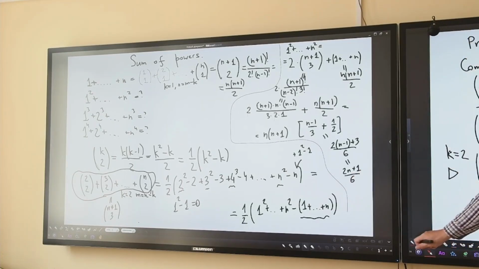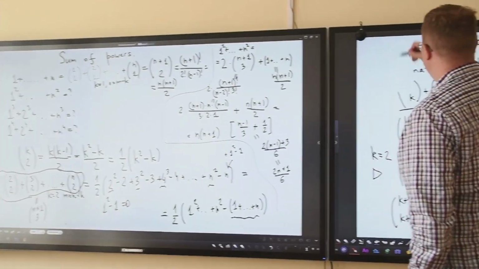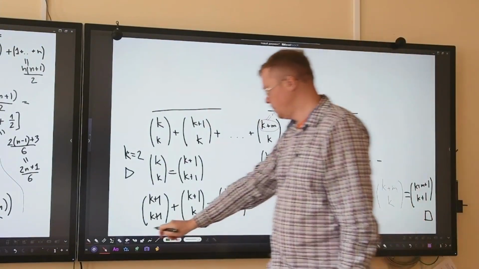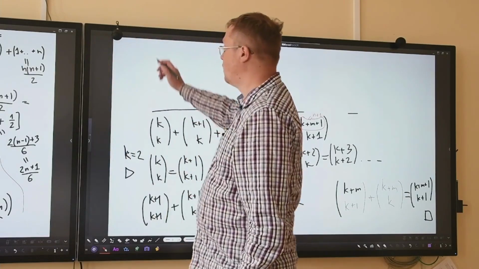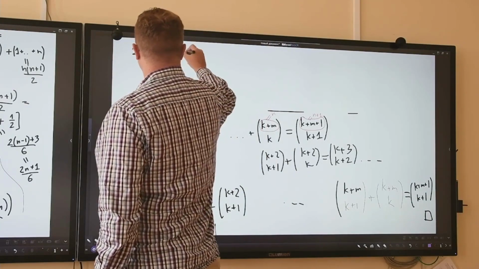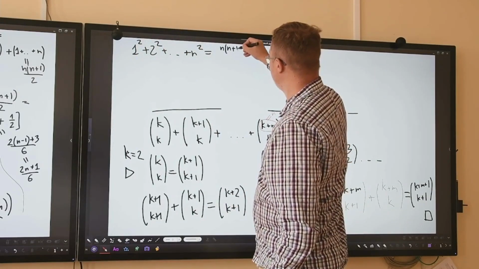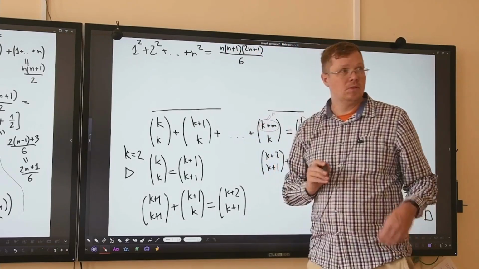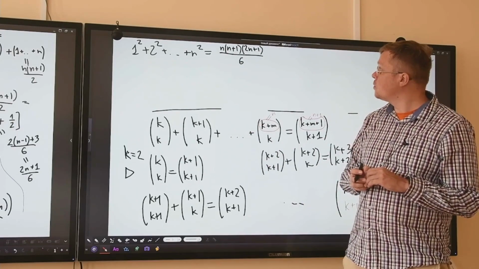So finally, I will have 1 squared plus 2 squared plus n squared equal to n times n plus 1 times 2n plus 1 divided by 6. So we can check this formula.